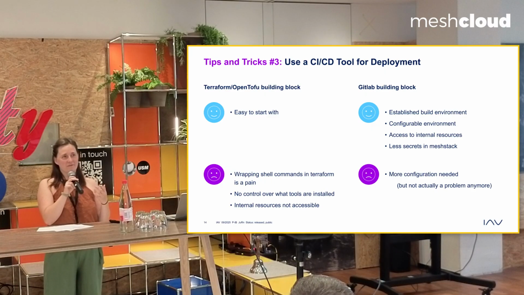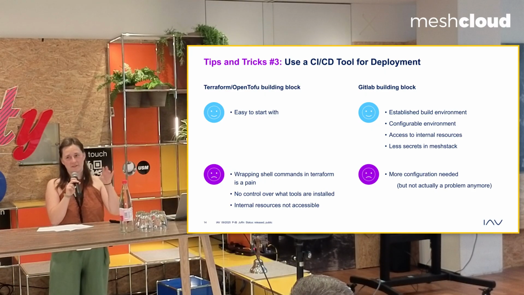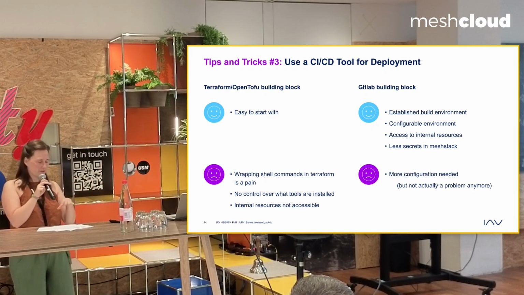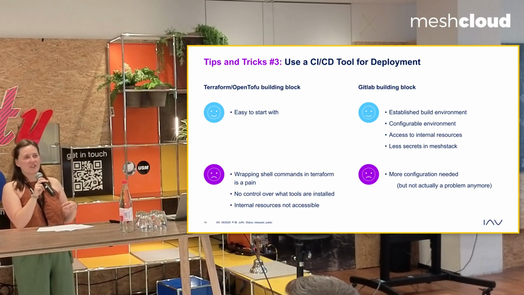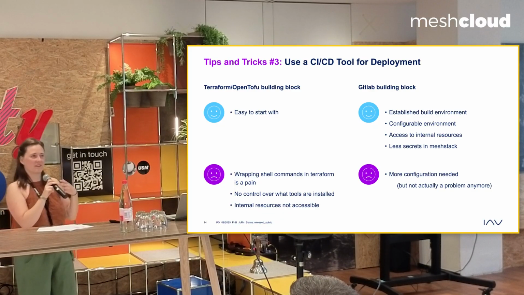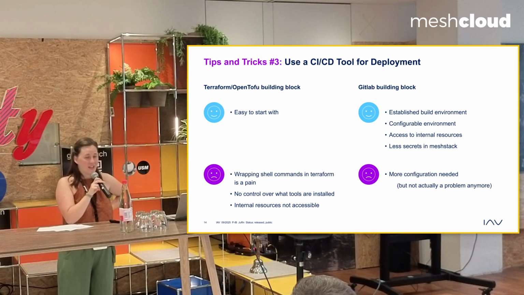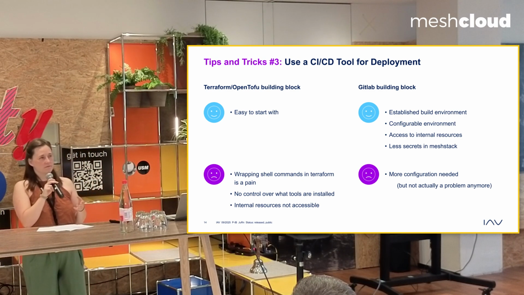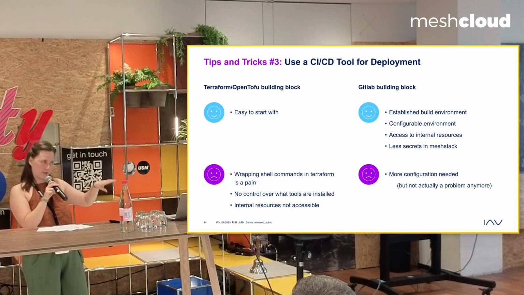You also don't have much control over which tools are installed in the runner. I know you can also get custom runners for meshStack, but you have less control over what's installed, and it's just a pain. And also, if you want to use, for example, an internal vault instance for secret management, it might be configured in a way that is not accessible from meshStack, so it's easier to shift that access to somewhere internal.